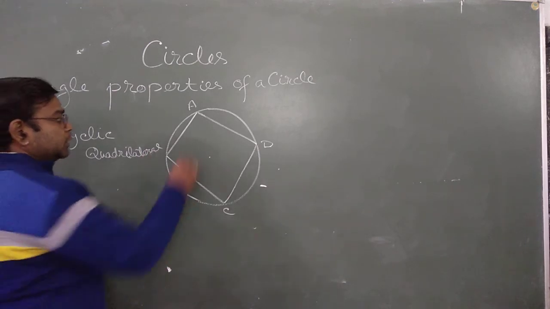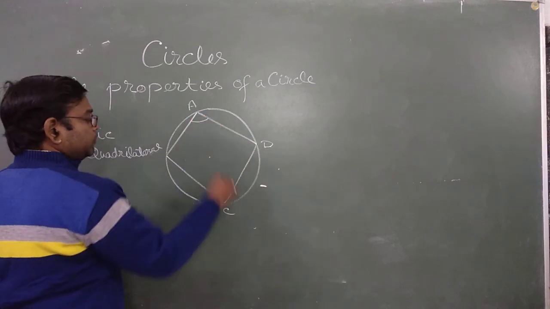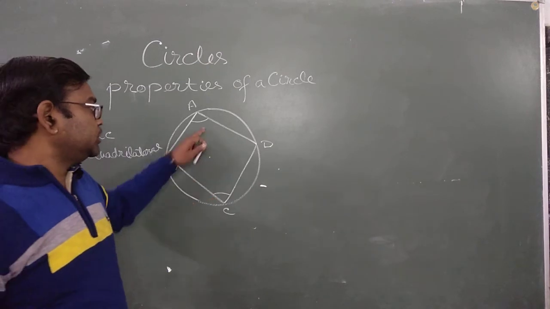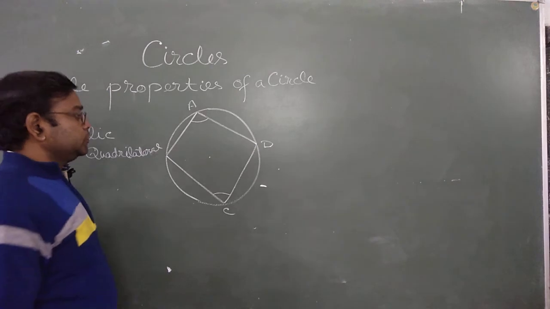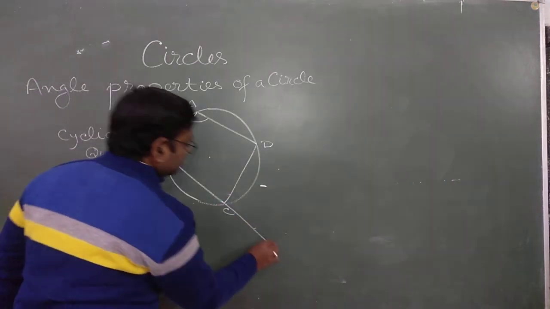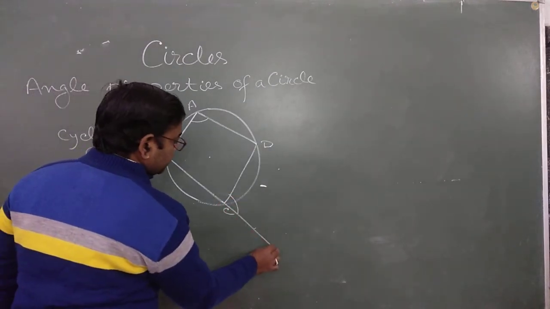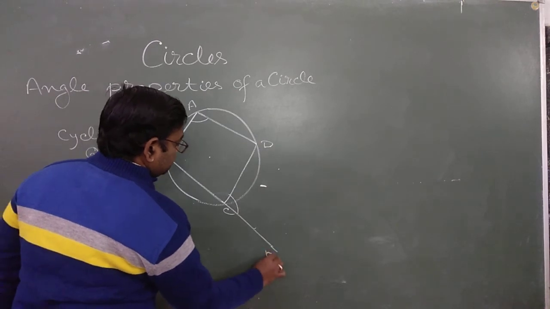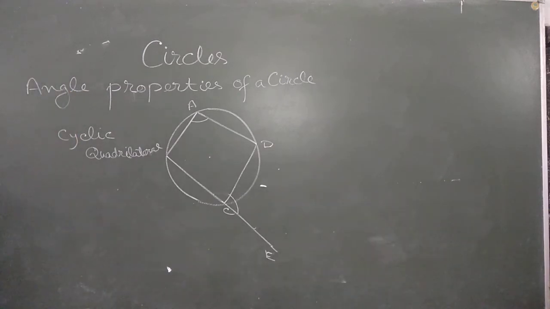The sum of all angles of a quadrilateral is 360 degrees. The sum of these two must be 180 degrees, which means the sum of angles opposite to each other must be equal to 180 degrees. Number one. Number two, if we produce any of the sides further, the exterior angle made by this extended line must be equal to the opposite interior angle.